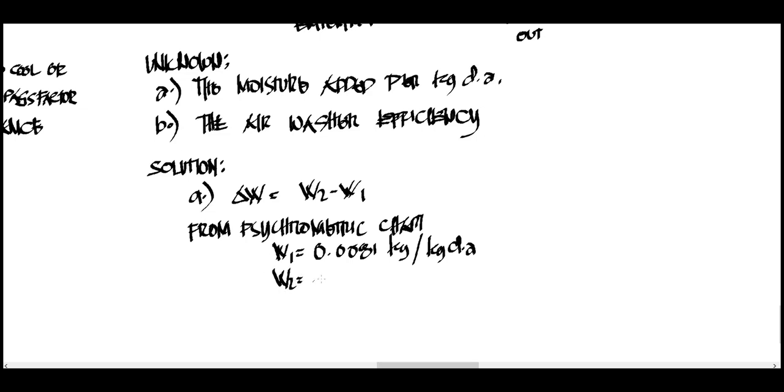Then we have the value of humidity 2, that is 0.012 kilogram per kilogram dry air.